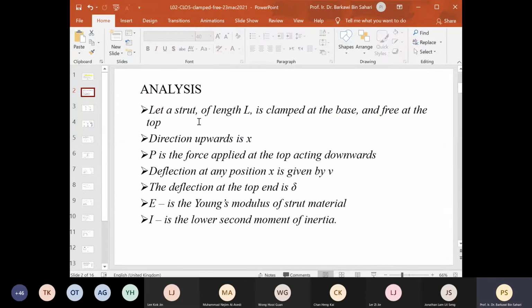Okay, so in the analysis, we look at a column of length L, and it is clamped at the base.